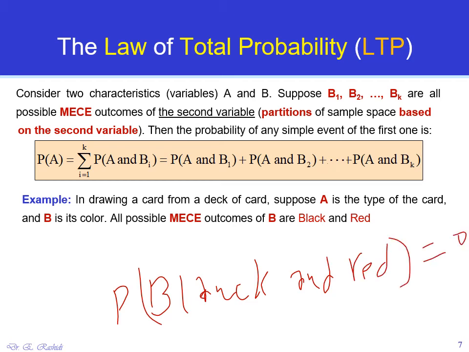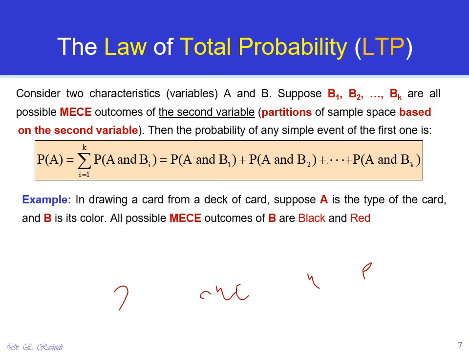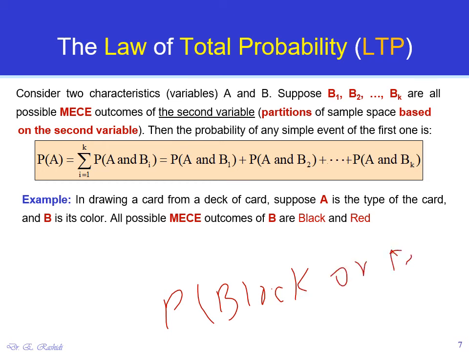It's 0, so they are mutually exclusive. Also, when we draw a card, it's either going to be black or red, so they are also collectively exhaustive. This is 1. So black and red are all the possible outcomes of the variable B, which is color.